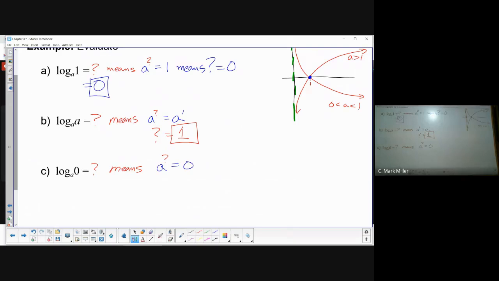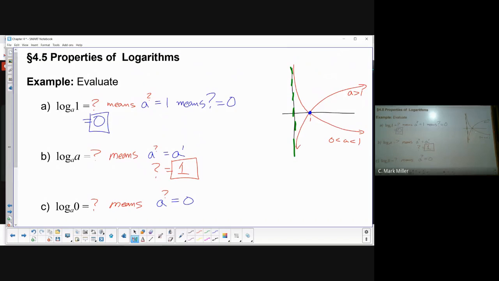So the log of 0, well, I'll give you a hint. Look at this graph. When you plug in 0 on a logarithm graph, what value do you get? You get the vertical asymptote. x equals 0 is the y-axis.